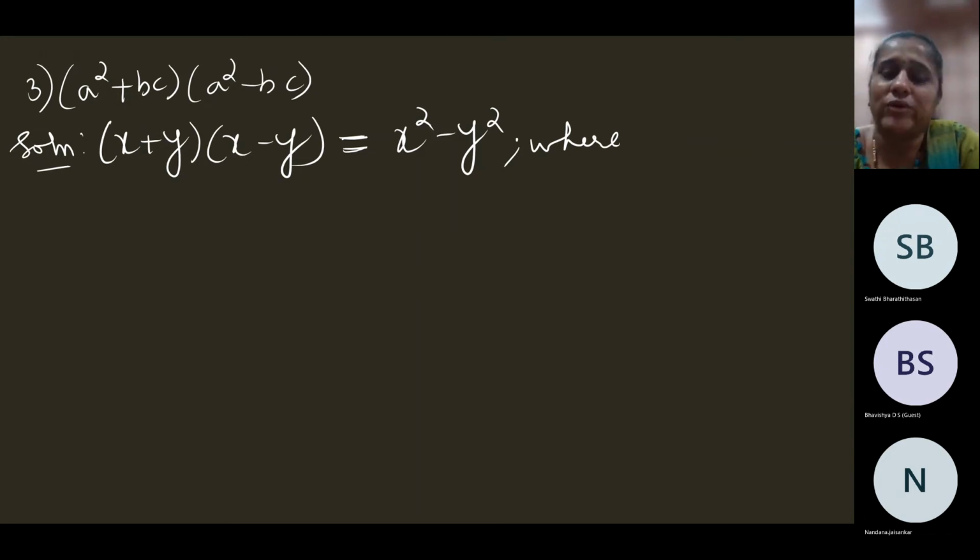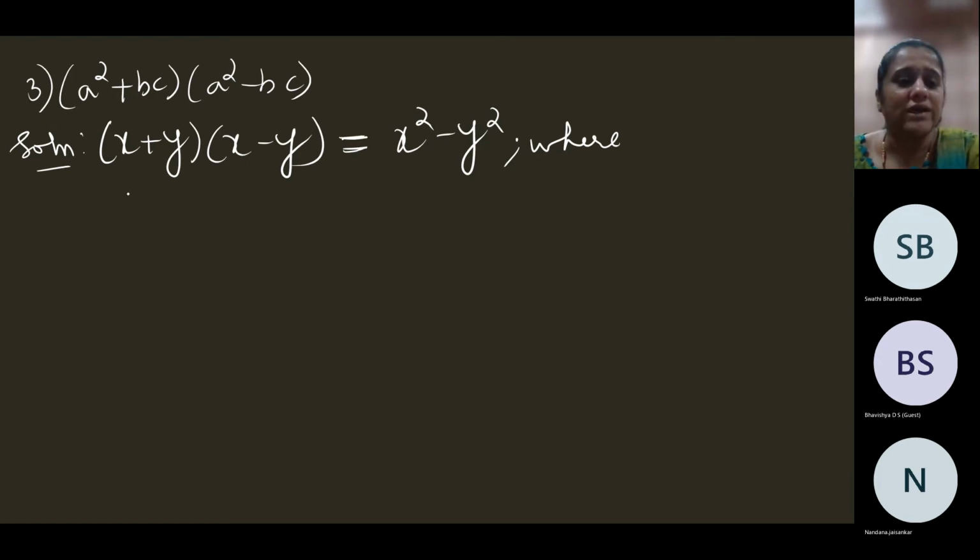We'll use some other variable, X, Y, P, Q. There are so many letters from A to Z, so don't use the same variables in the identity that are used in the expression or the question. Try to use different variables. Like if the question has X and Y, use A, B in the identity. If the question has A and B, use X and Y in the identity.